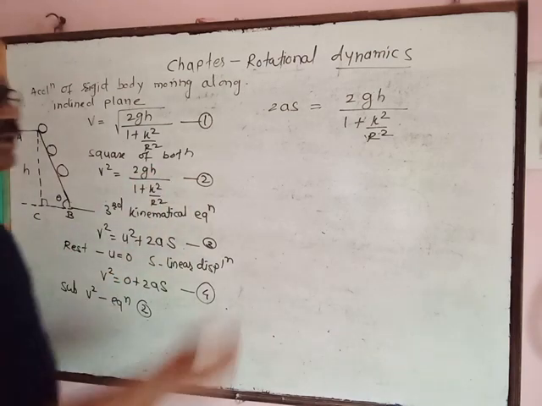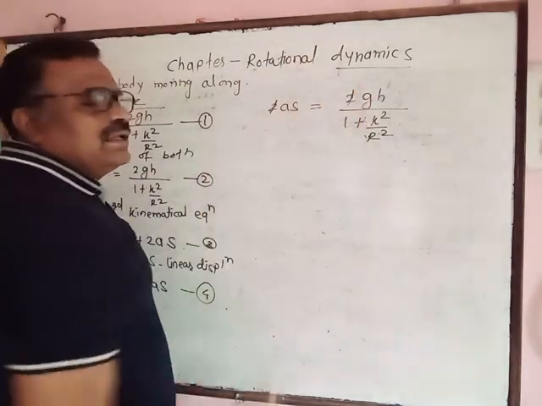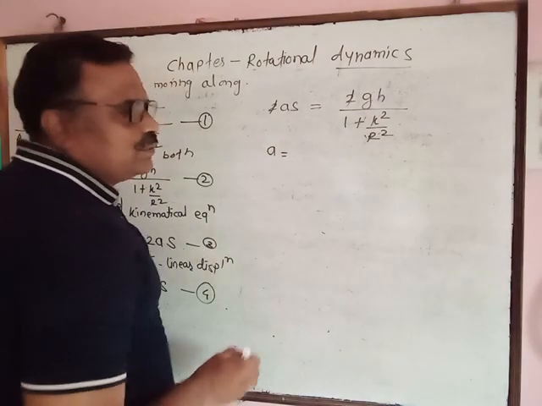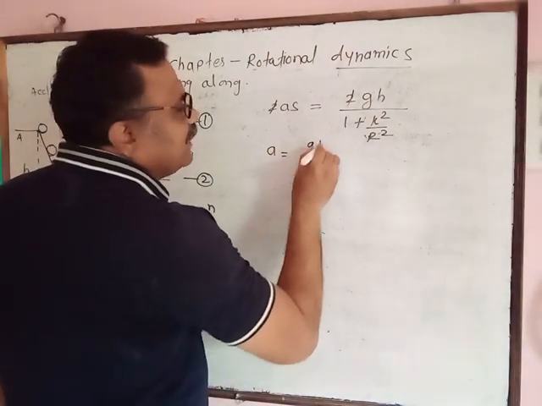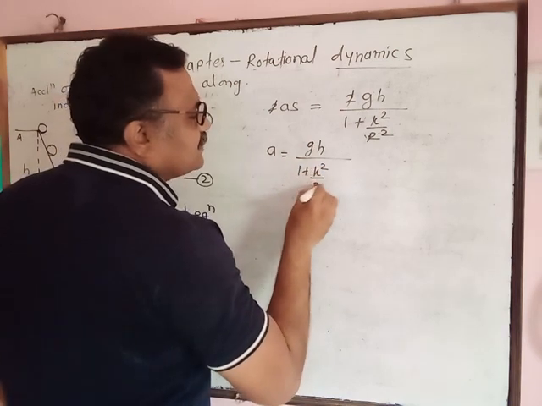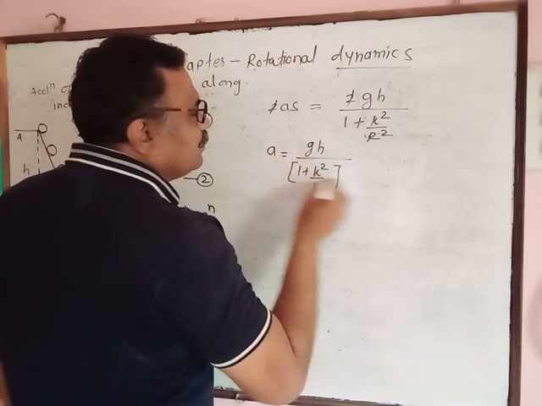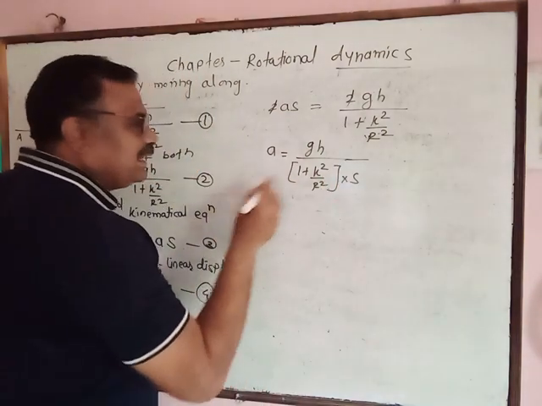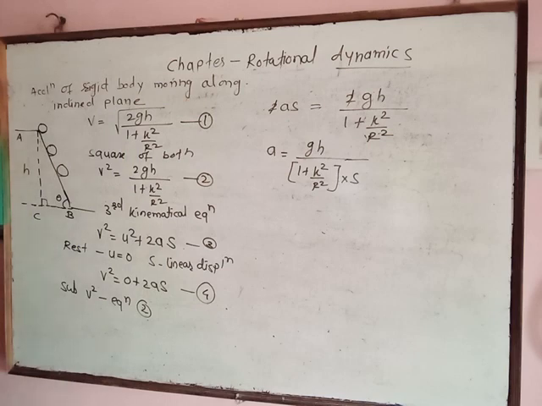Now here 2 gets cancelled and we get acceleration equal to g into h upon 1 plus k square upon r square into 1 upon s. Now we calculate the value of s.